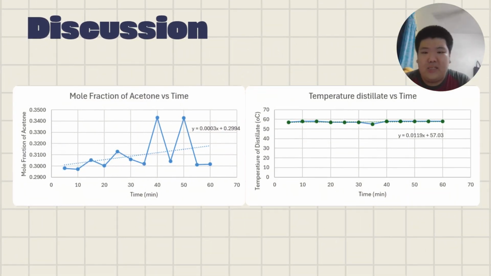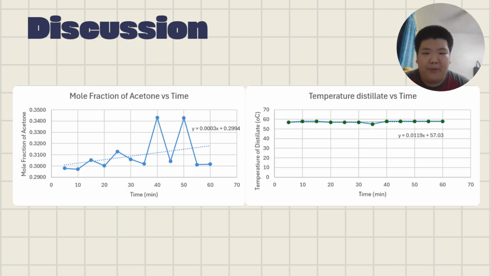For this discussion part, as you can see for the mole fraction of acetone versus time, the graph shows an increasing trend. In theory, the mole fraction of acetone should decrease with time. This might be because of the equilibrium of the system and might be caused by the fluctuation of the reflux ratio and also of the cooling water.